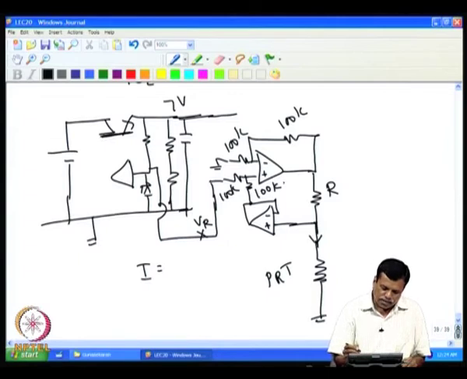This kind of constant current source we have discussed earlier in connection with some other circuit. So, the current that is flowing through this is constant, and that current is given by V_R by R.